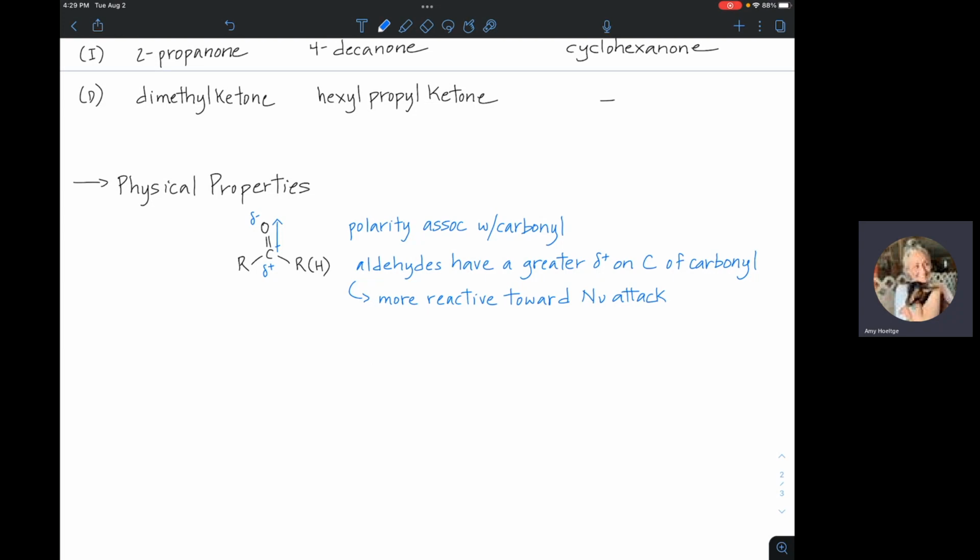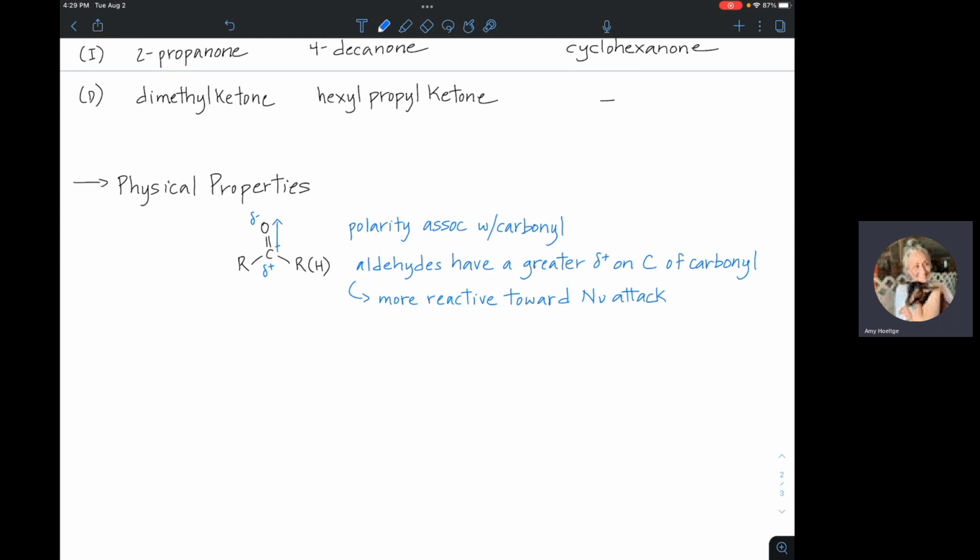So if you're comparing an aldehyde to a ketone, and the R group on the left-hand side is just a methyl, and the ketone is acetone, and you have acetaldehyde, so we have a methyl group on the left for both. Acetaldehyde just has a hydrogen on the right, and acetone has a methyl group on the right.